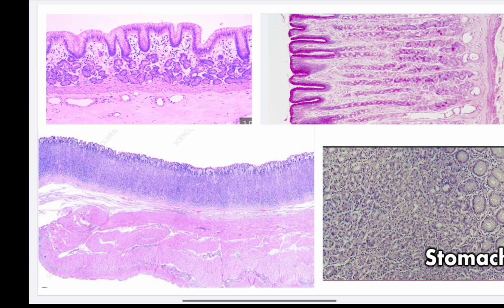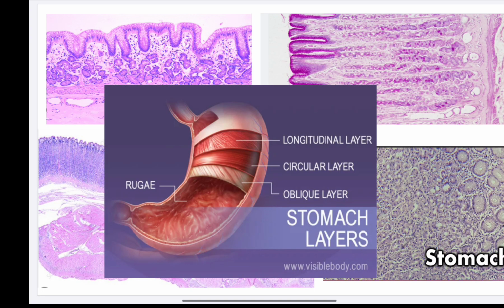But in addition, within the circular muscle layer, there is a third layer, the oblique layer. The oblique muscle layer is present only in the stomach, but I doubt whether you can distinctly find that difference with the circular muscle.